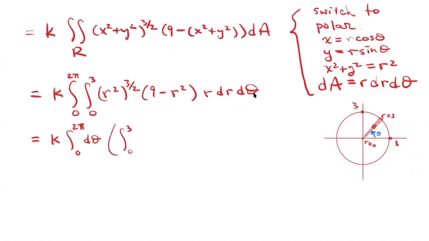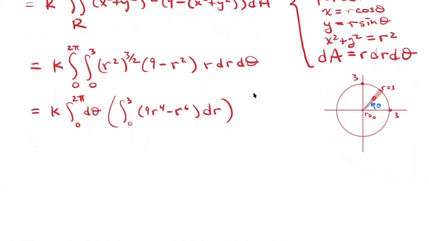That's an r to the third, and there's another r, so I think you end up with 9r to the 4th minus r to the 6th, dr. Just making sure I'm not losing my mind. Yeah, 9r to the 4th minus r to the 6th.